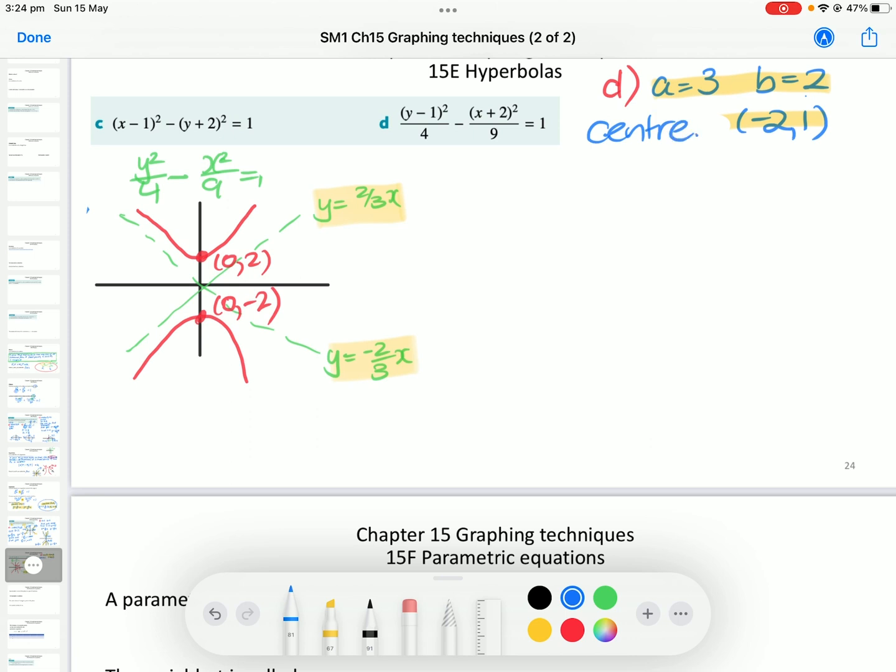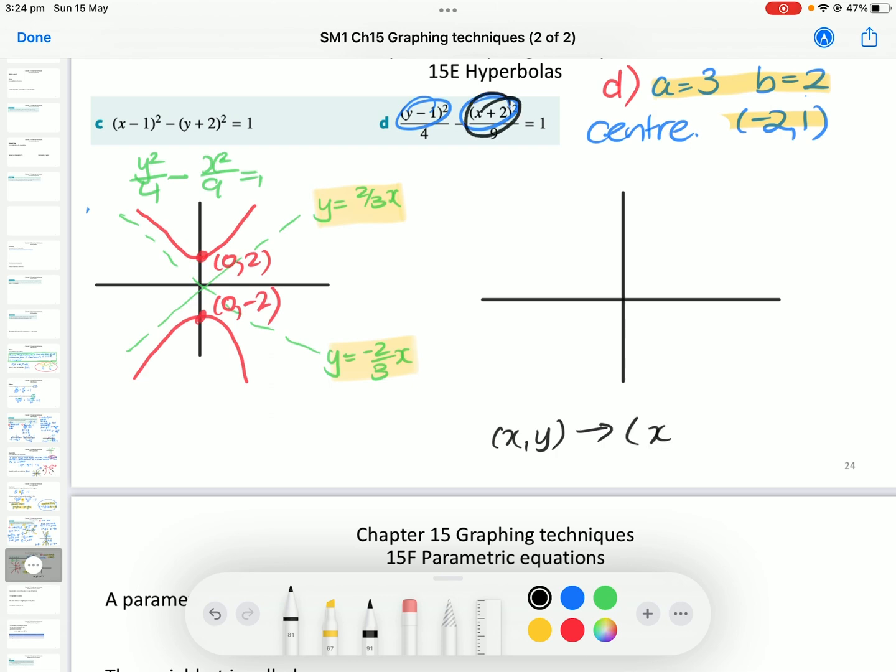All right, so if I've got this original hyperbola without the left and right moving, what I'm going to do is use that and just translate it across. I know that my original xy now goes to the opposite of this, x minus 2, and the opposite of that, y plus 1. Okay, so the opposite to the sign in the middle.